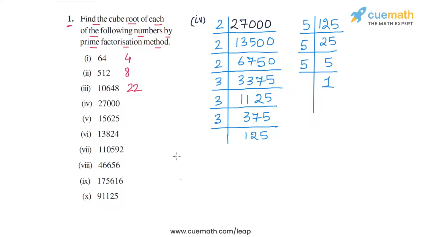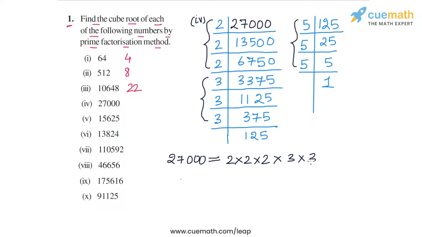So this completes the prime factorization process for 27,000, and 27,000 we see has 3 repetitions of 2, 3 repetitions of 3 and 3 repetitions of 5. So let's write this: 3 repetitions of 2 and then 3 repetitions of 3 and then 3 repetitions of 5.